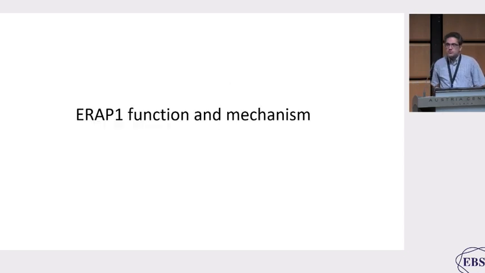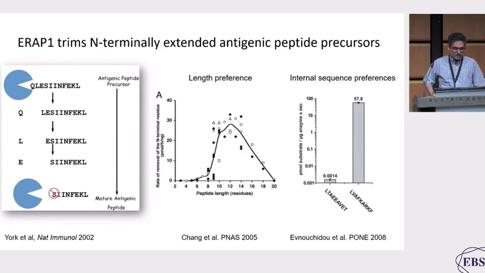What I want to focus on today, though, is the mechanism and the function of this enzyme. So what this enzyme does. This is an aminopeptidase, which means that it takes peptides and trims them from their N-terminus and makes them shorter. This is important because MHC molecules require a certain length of peptides.